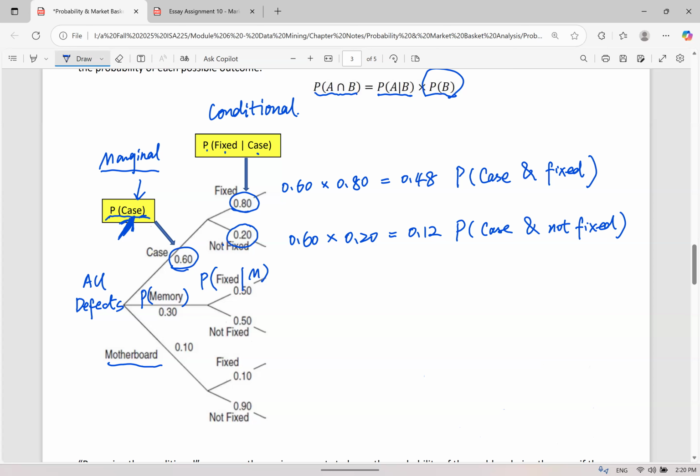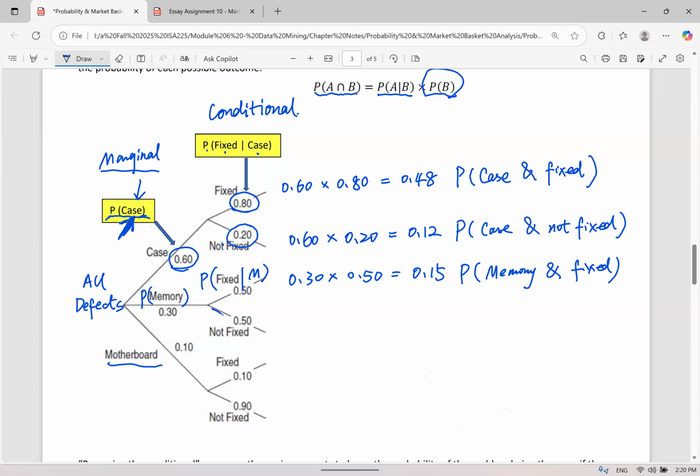So now these two probabilities multiply together: 0.30 times 0.50 is 0.15. That is the probability that it is a memory problem and gets fixed.